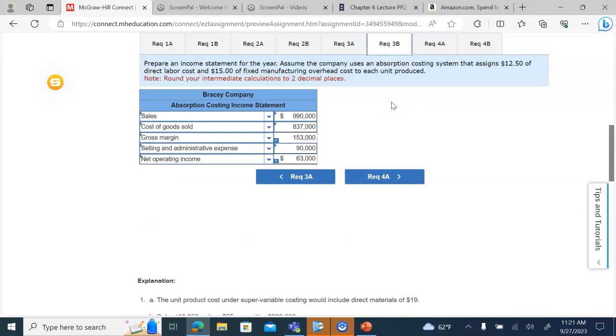Then the contribution absorption costing income statement, the contribution format, the cost of goods sold here is going to include all those factors, and then minus your fixed expenses, which will only be your selling and admin on this one.